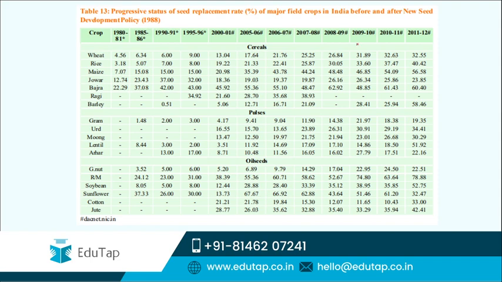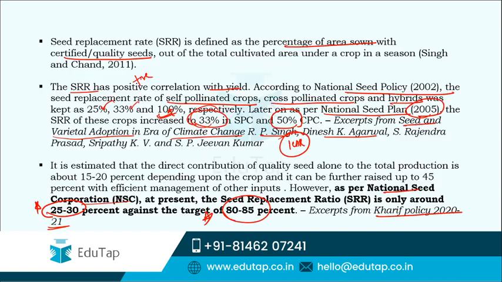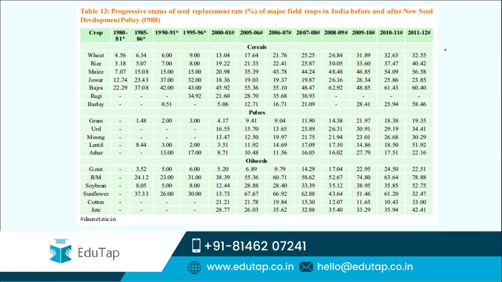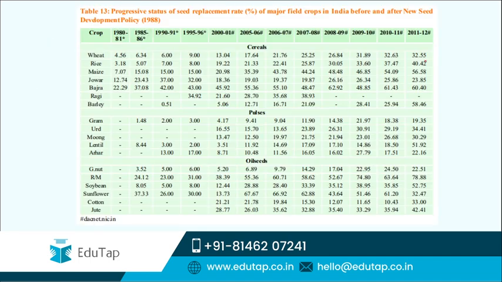Next, this is the entire table. Here I have given you a few tables which I have taken from the SeedNet India portal, and from the book Seed and Varietal Adoption in Era of Climate Change, in which I could get almost all the crops.